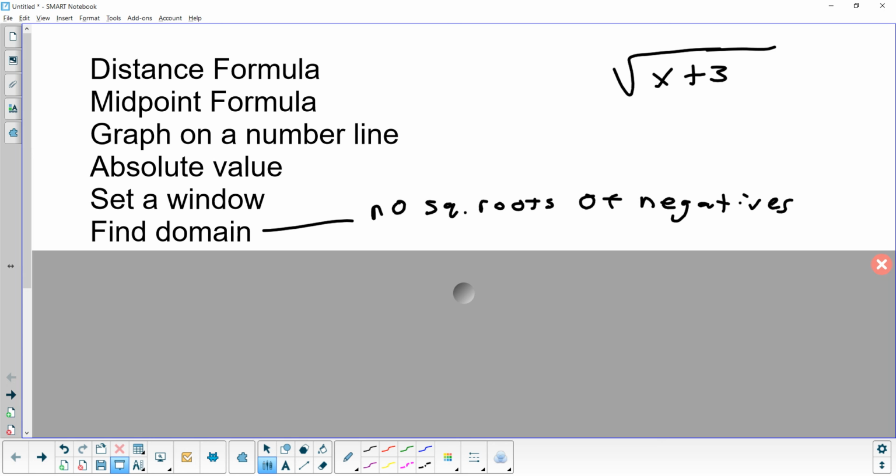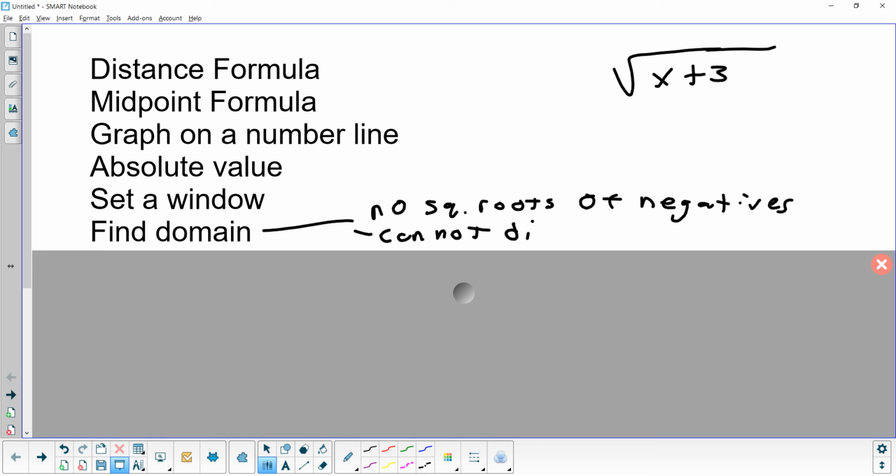You can let x be -1 right there, that's no problem at all, because then you're adding 3 to it, and that's going to make it positive. What you couldn't use in this case would be something like -4 or -5. That's too small. So you have to make sure you avoid having a square root of a negative.